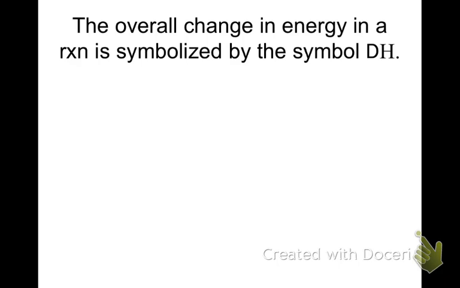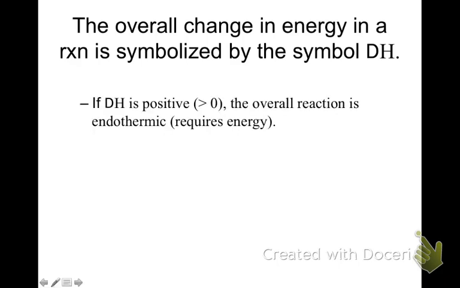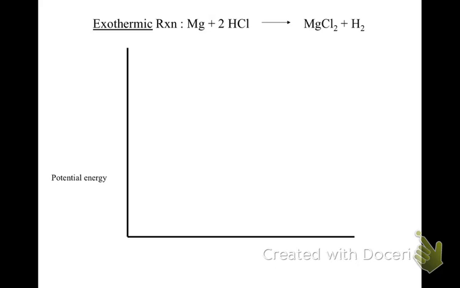So here's an example of an exothermic reaction, and that is between magnesium, and we should add, this is the formula equation, so we should add some symbols in here. Magnesium, which would be a solid, and 2 HCl, which is actually hydrochloric acid, which is a gas dissolved in water, so it would get an AQ.